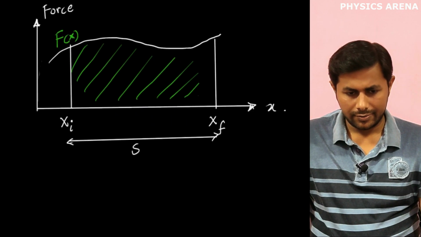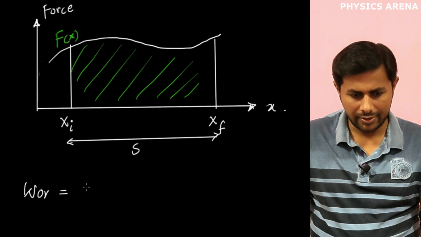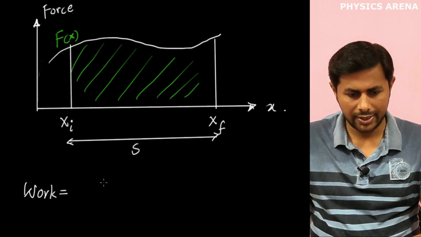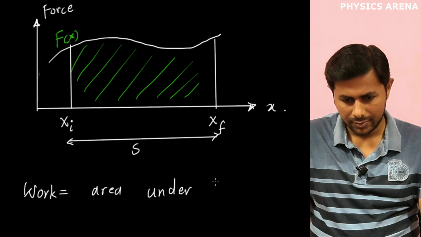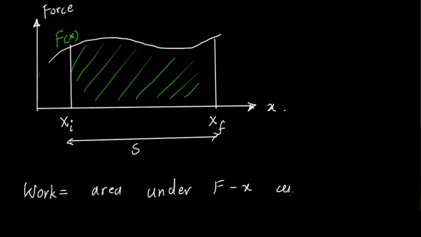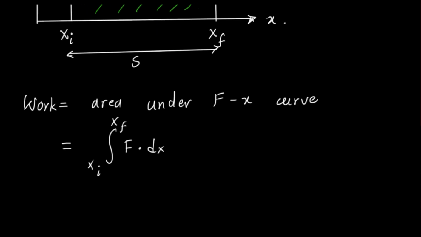So work is equal to area under F versus x curve, and it will be integration of F dot dx from this initial position x suffix i to the final position x suffix f. Okay.